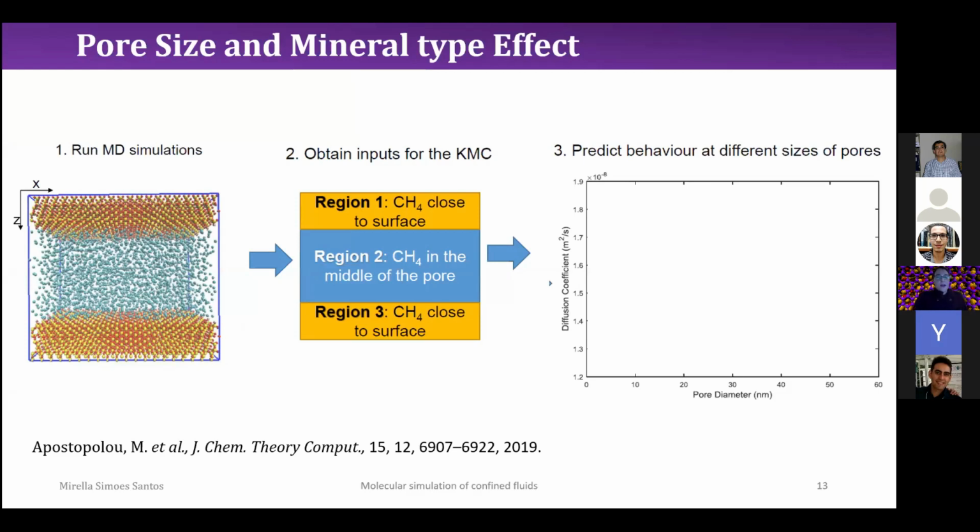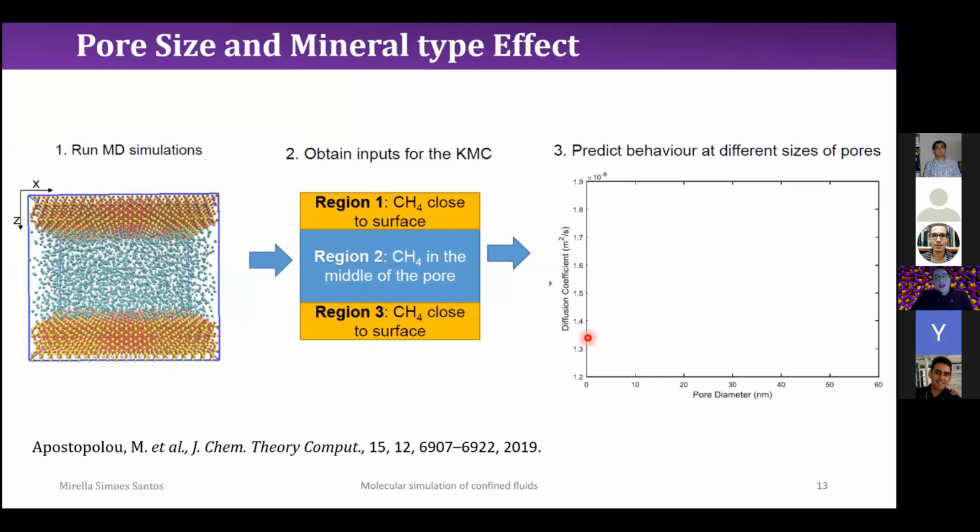From this information, we can obtain, for example, information about the different regions within this pore. Do you remember the plots that I just showed you, where we see an adsorbed region? Here we are calling them regions 1 and 3. They are very close to the surface of the mineral. And in the middle of our pore, we have a bulk-like region, which we are calling region 2 here. This kind of information is used as input for our kinetic Monte Carlo approach.